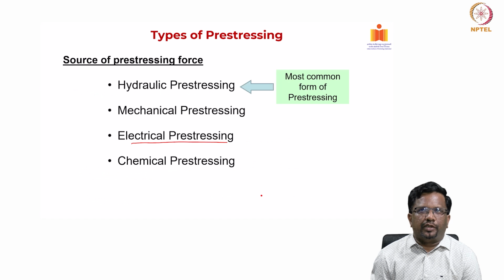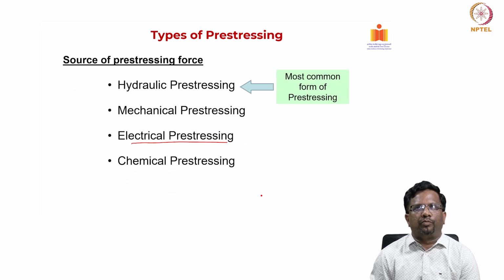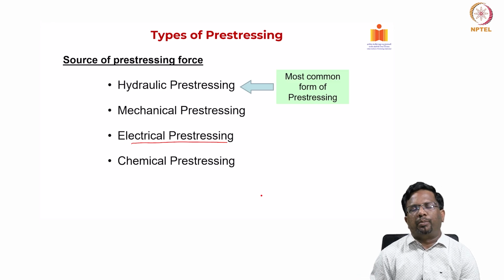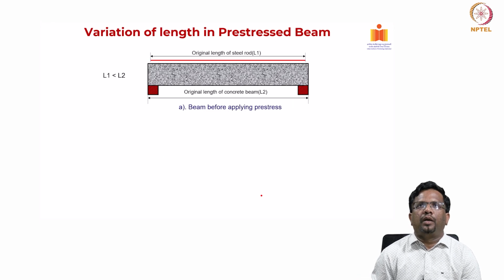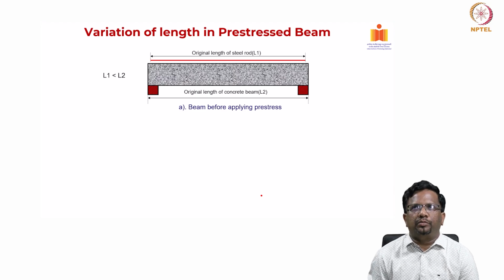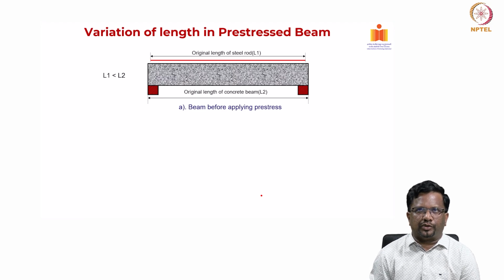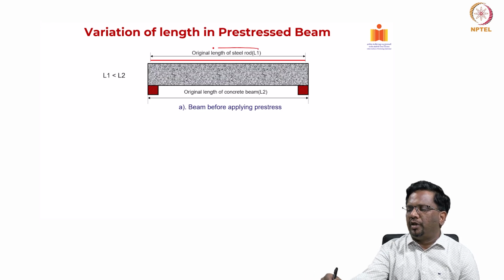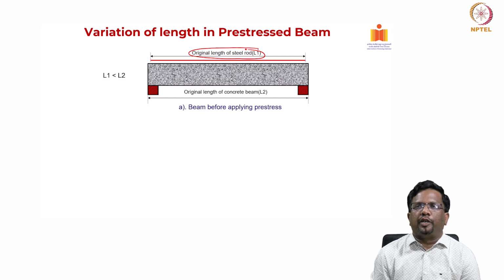We have already discussed that hydraulic prestressing is the most common form of prestressing, where we use hydraulic jacks and oil to apply the prestressing. Now, what happens to the length of the beam while you do the prestressing process? Here we have taken a small example where the original length of the steel is L1.